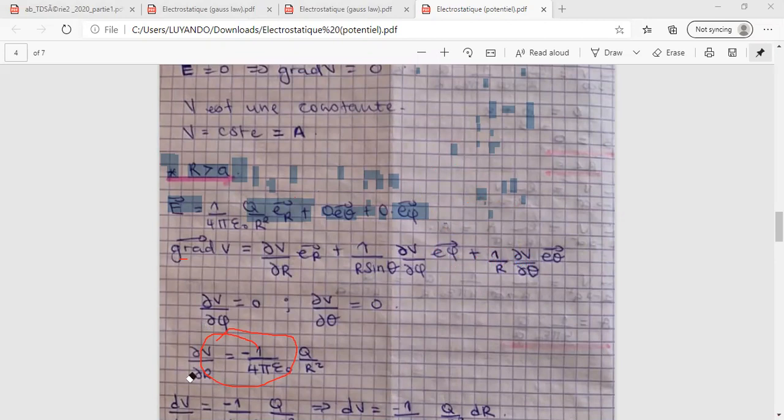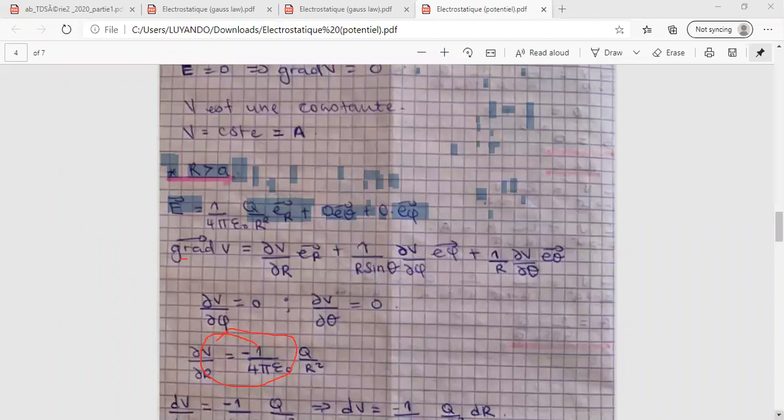So the negative of this is equal to our field E that we established. And then we make dV the subject of the formula, and then we integrate it. And then we have our expression of V. And then we do the same with question 3.